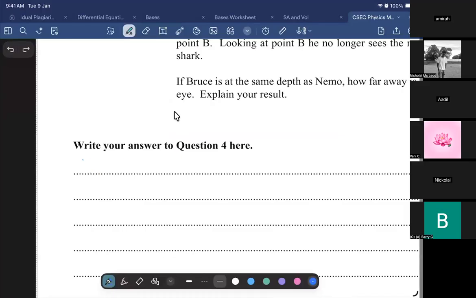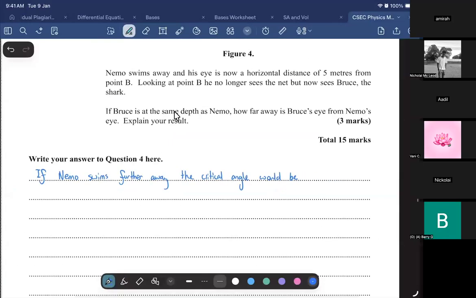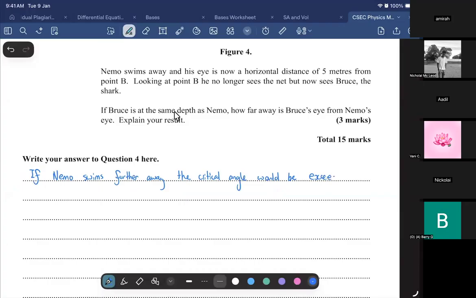Write a proper answer. If Nemo swims further away, the critical angle would be exceeded, resulting in what? Somebody tell me, resulting in what?